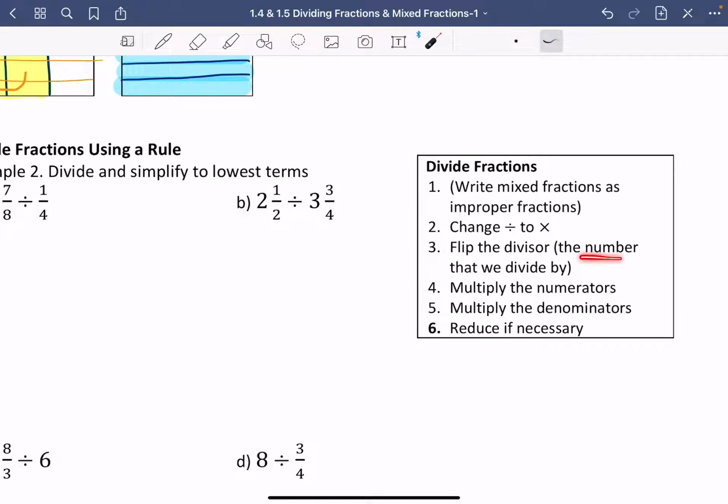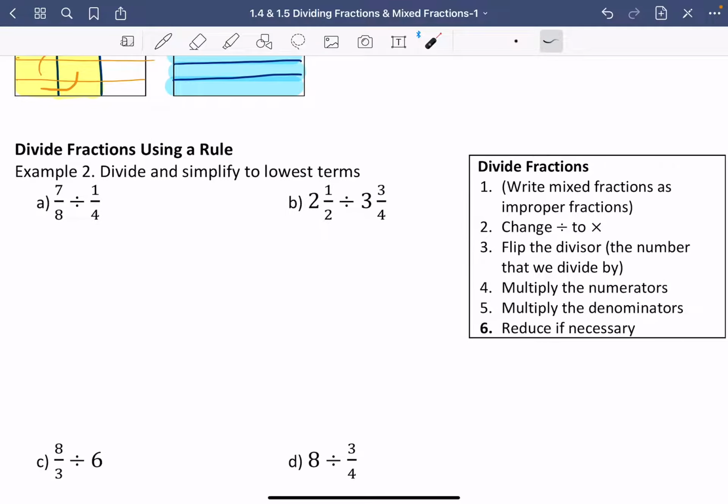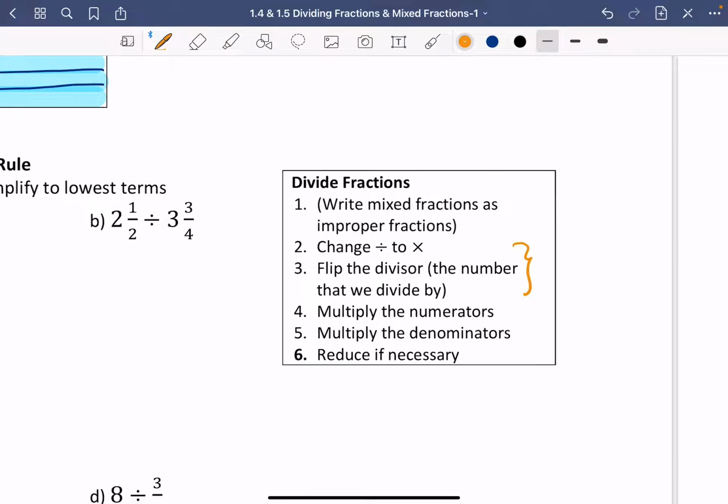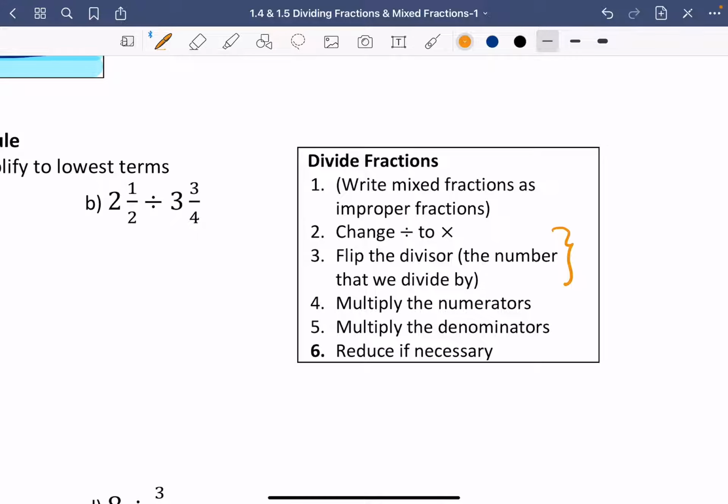The divisor is the number that we divide by. That is the number after the division sign. Okay, and then that becomes a multiplication question. Multiplying fractions will apply the same rules that we use to multiply fractions. And this step over here, step 2 and step 3, is called multiply the reciprocal.